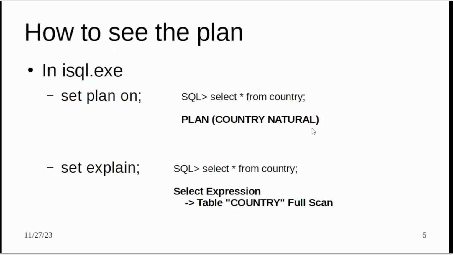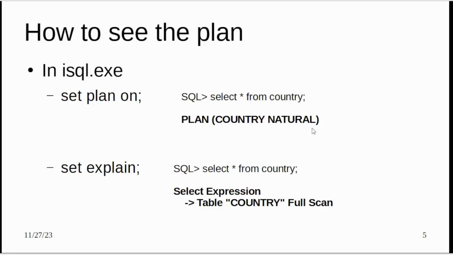How to see the plan of any query? In the standard tool isql.exe, open the tool, connect to the database and type the command set plan on. After that, after execution of any query, you will see the plan for this query.